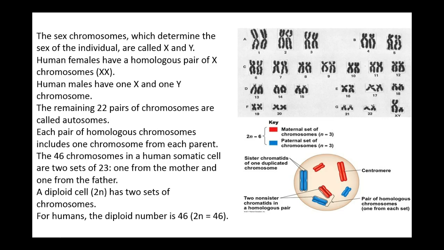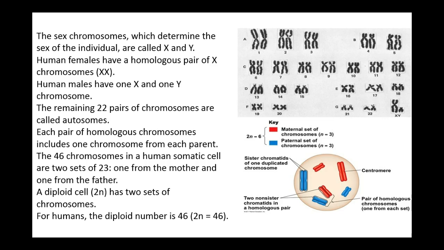Each of the homologous chromosomes, remember those are the 22 that we were talking about, includes one chromosome from each parent. I think I made that very clear. There are 46 chromosomes in the human somatic cell, 2 sets of 23, and those 23 and 23 line up in this particular karyotype.